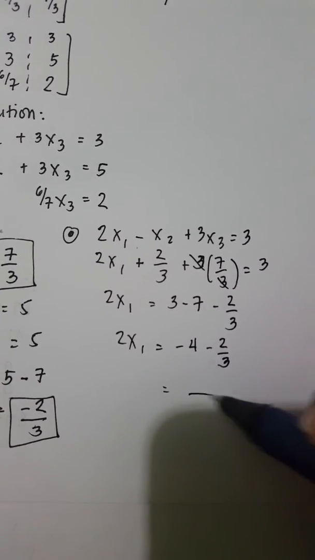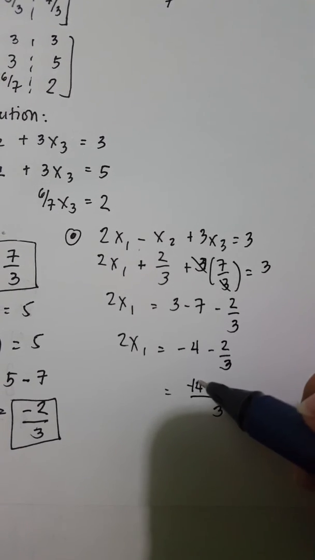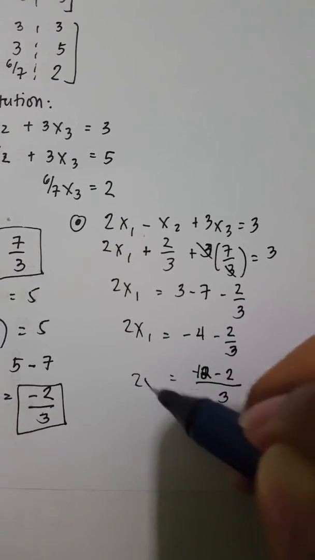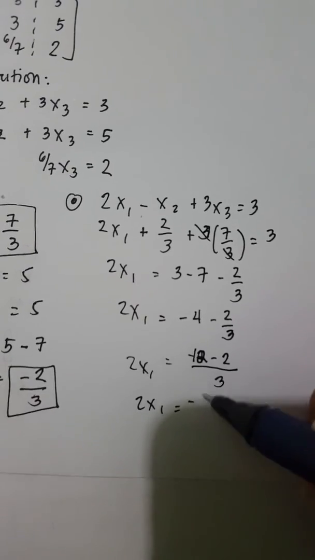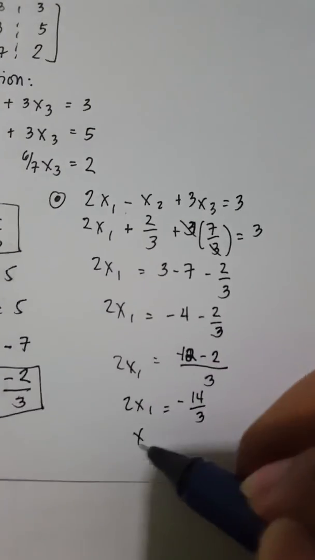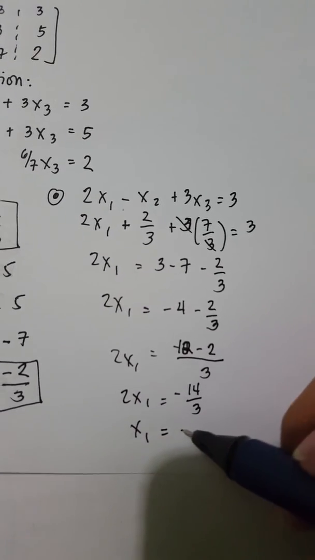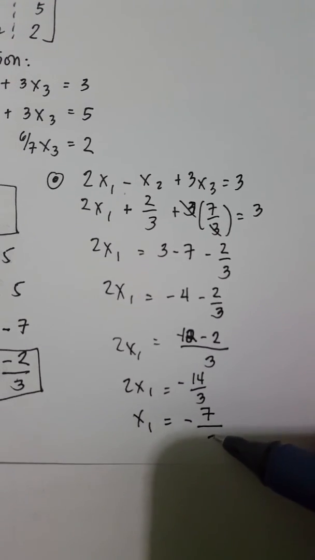And that will be 3 negative 4 negative 12 minus 2, negative 14 over 3. Of course, ayan, di-divide natin siya with 2. That will be negative 7 over 3.